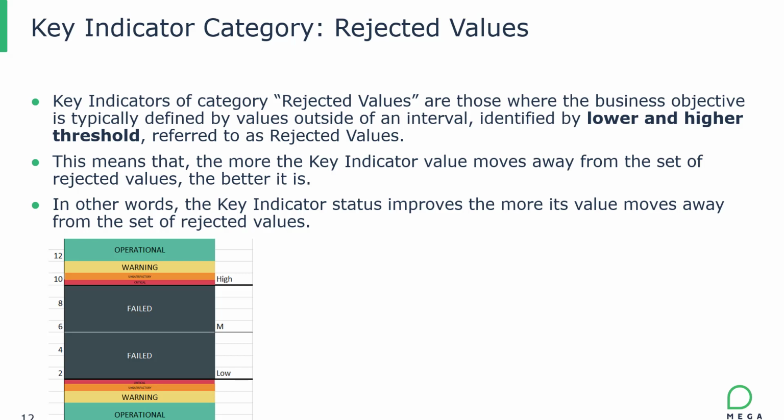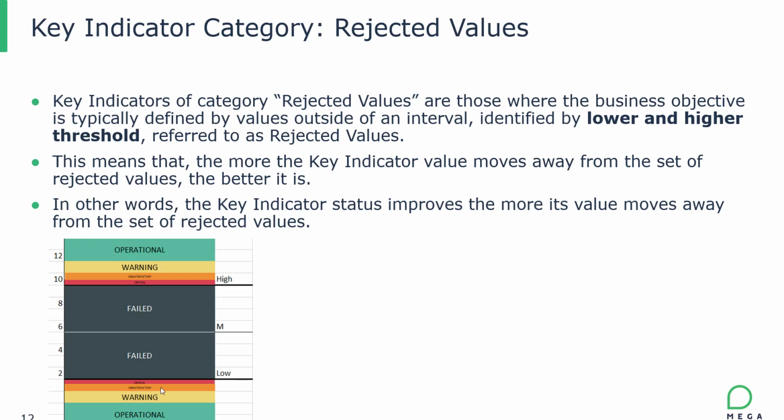Then, the more we move away from this set, for instance, the more we get values which are bigger than the higher threshold, the better it will be for the indicator. So its status will improve from critical to unsatisfactory, warning, and finally operational.